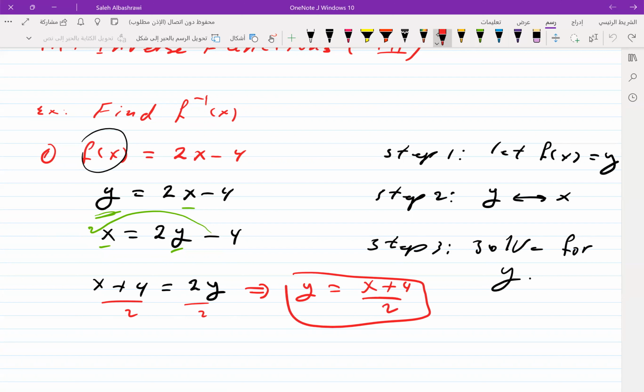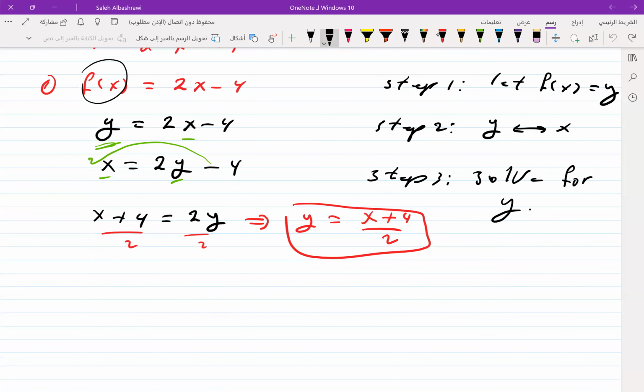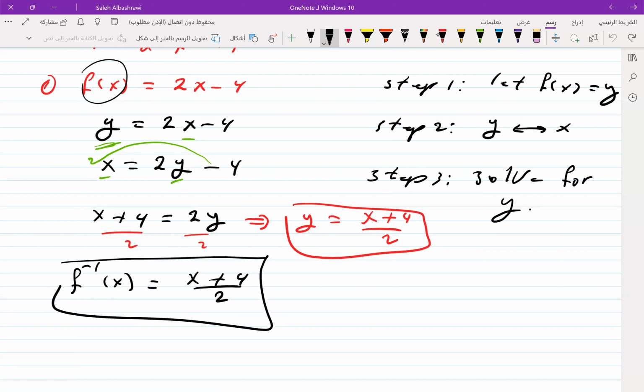Now this is the inverse of the given function. So we can say that f inverse of x equal to x plus 4 divided by 2. This is how to find the inverse of a given function. So again, you have 3 steps.